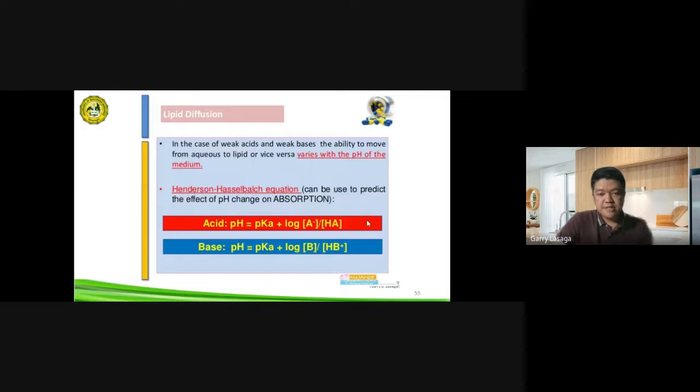So this equation states that for an acid, the pH is equal to the pKa of the drug plus the logarithm of the ionized form over the unionized form. For a base, pH is equal to pKa plus the logarithm of the unionized form over the ionized form.